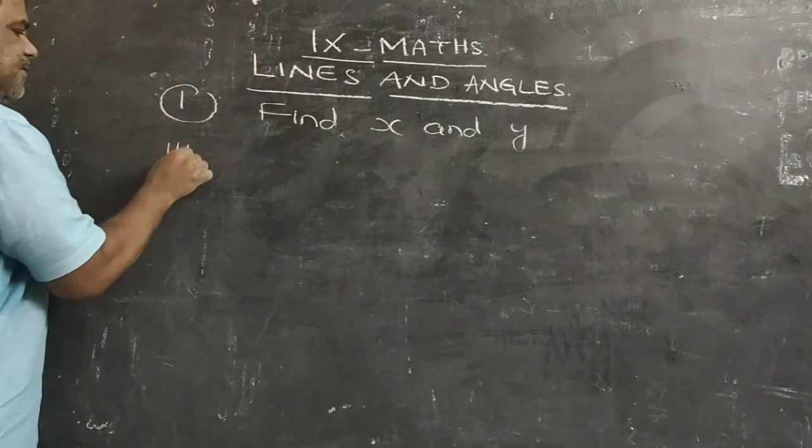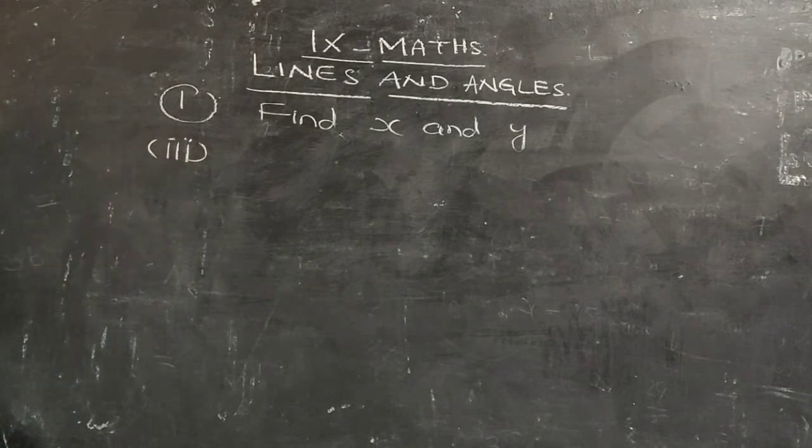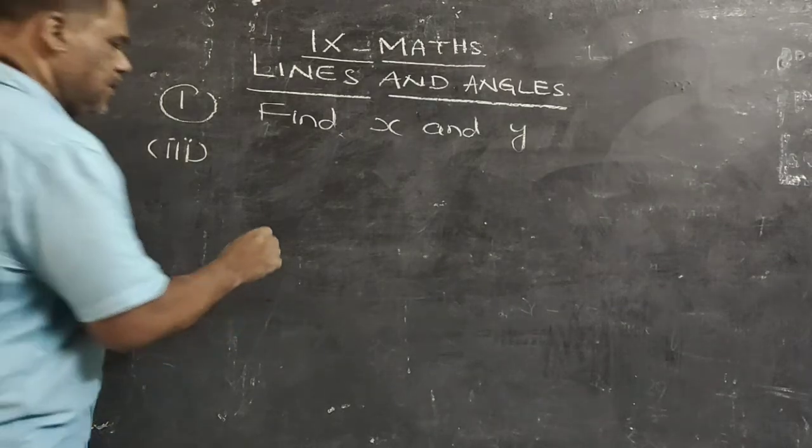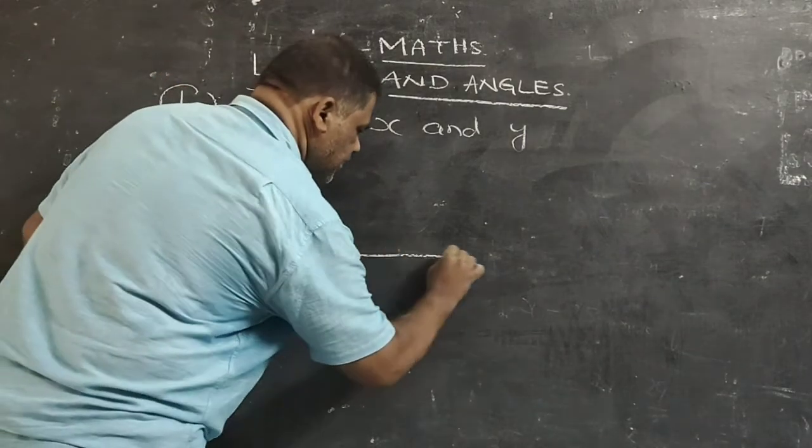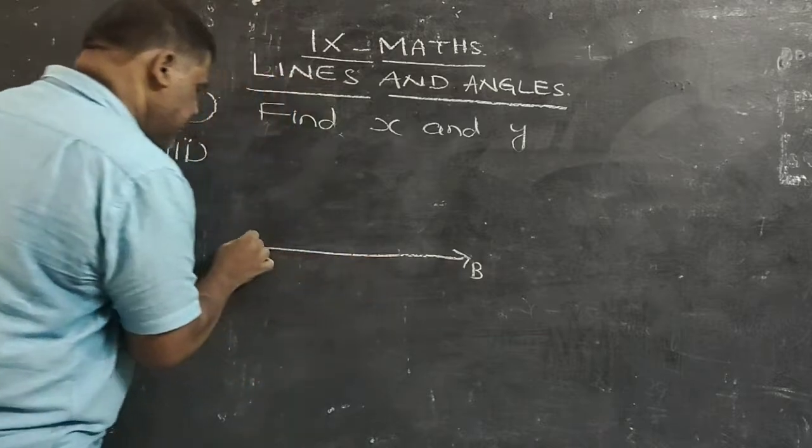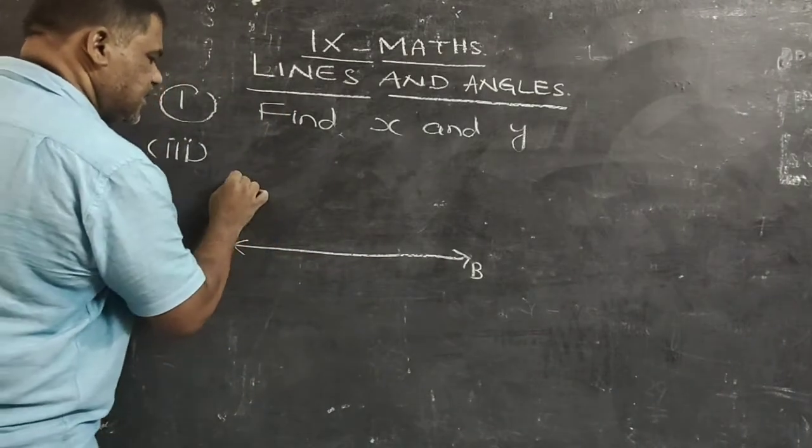Write the third bit. AB and CD are parallel to each other.